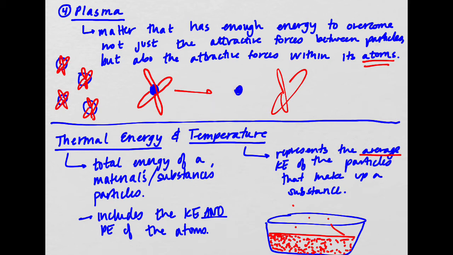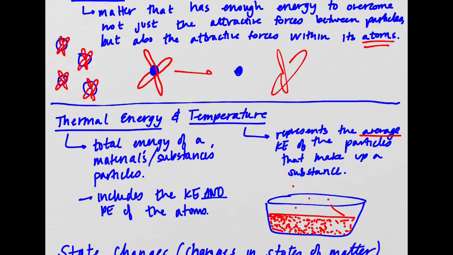So it breaks up the atoms into their subatomic particles, meaning the particles that make up the atom, which are smaller than the atom. So we have these electrons breaking off from the atoms in a plasma state.